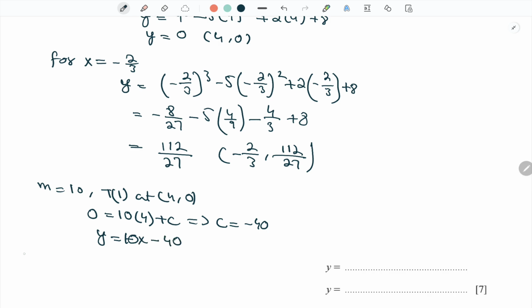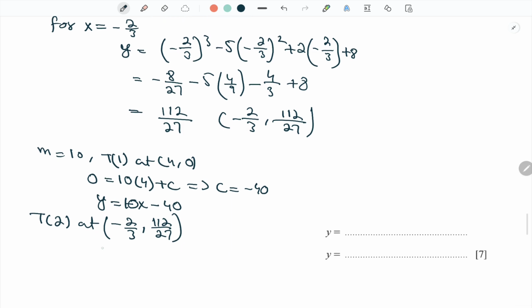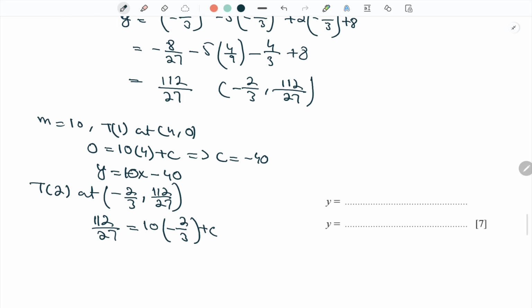Okay, now for tangent 2 at negative 2/3 and 112 over 27. So y equals mx plus c. Now we find the c here, so I just directly write the c, that is 292 over 27.